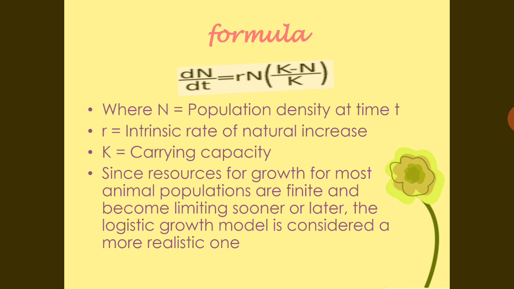Initially there is a lag phase, followed by phases of acceleration and then deceleration, and finally an asymptote when the population density reaches the carrying capacity, where it becomes stable. This S-shaped curve is very important, since animal populations' resources are finite, so logistic growth is more realistic than exponential growth.